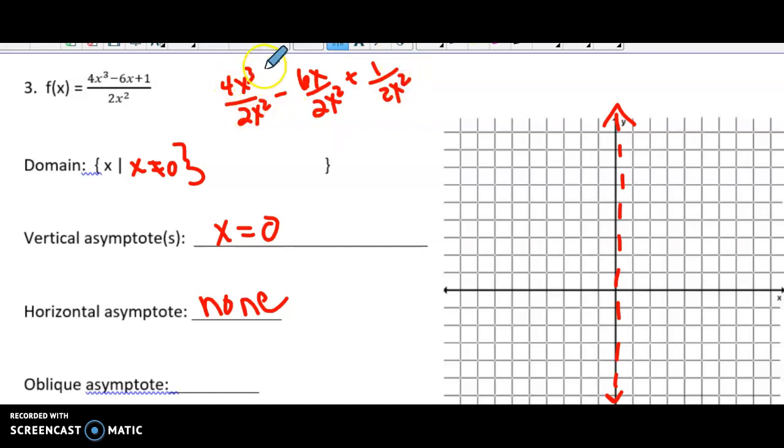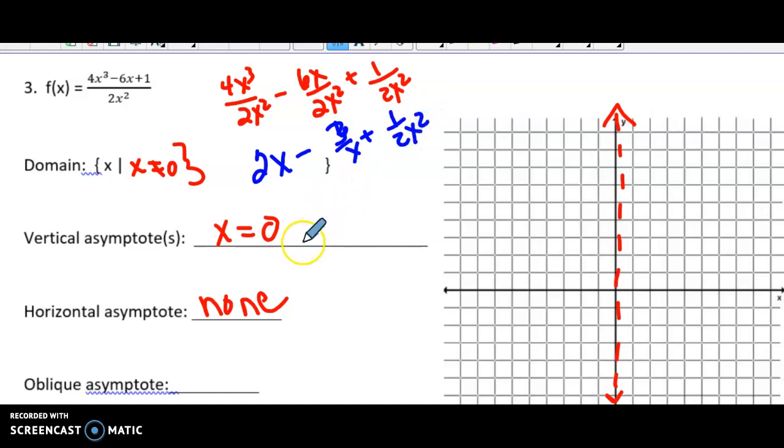This 4x cubed divided by 2x squared, what would that be? 4 divided by 2 is 2. X cubed over x squared is x. 6x over 2x squared is what? 6 over 2 is 3, so 3 over x plus 1 over 2x squared.